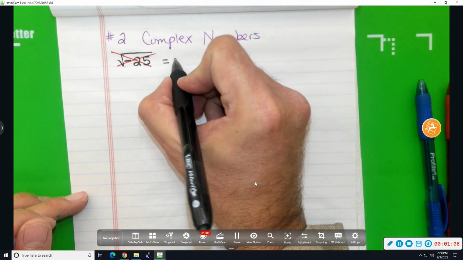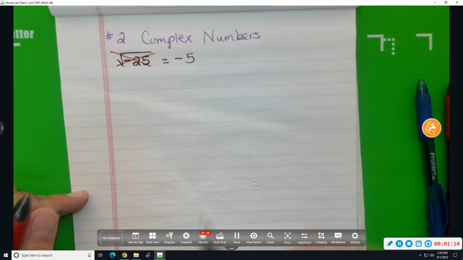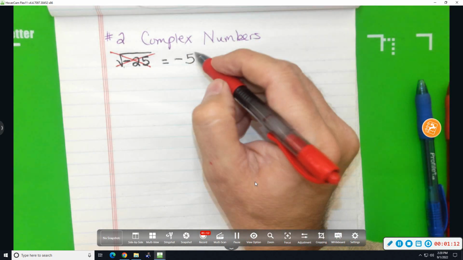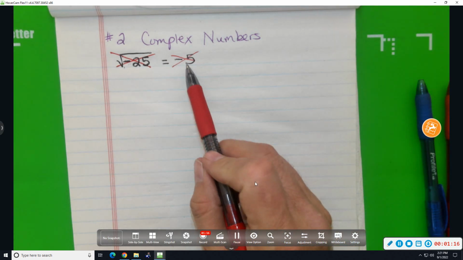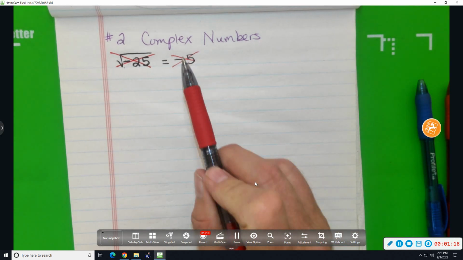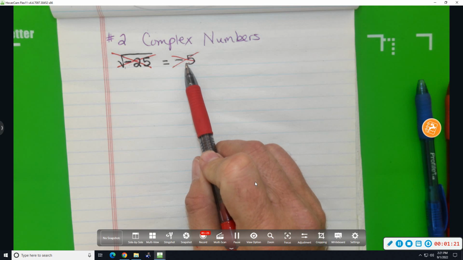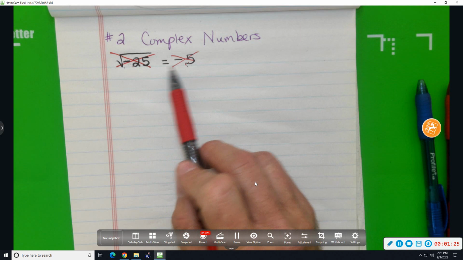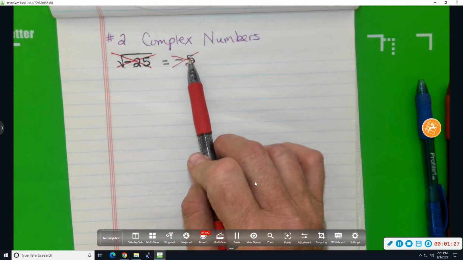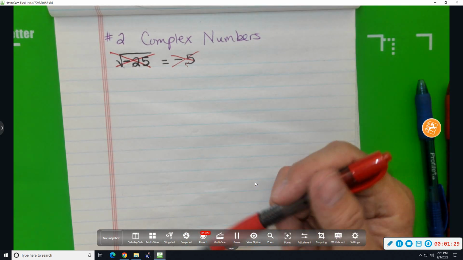A lot of times students will say that's negative 5. Now that should have been where I put the big red X. Because why is that not correct? Because negative times a negative is a positive. So the square root of negative 25 is not negative 5. Well, we also know it's not positive 5.